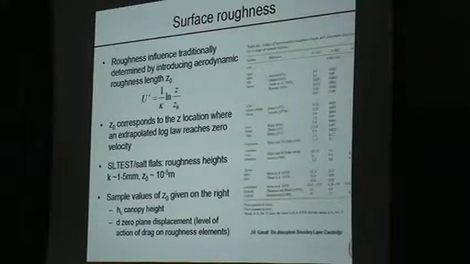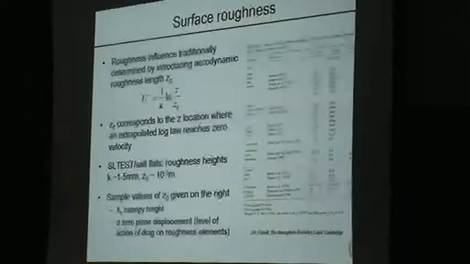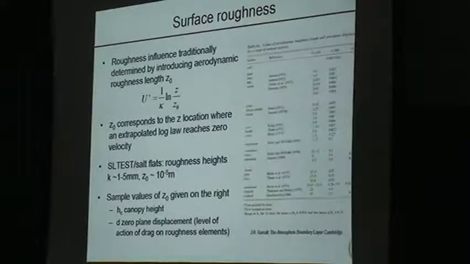Z naught we call the aerodynamic roughness length, and if you work this through, mini homework problem if you're interested, you will see that Z naught is the location where a log law extrapolated to 0 reaches 0 velocity. It's just another way of writing this, and Z naught gives you some indication of the roughness of the surface that you're working with.